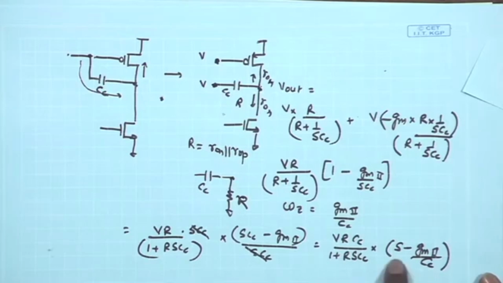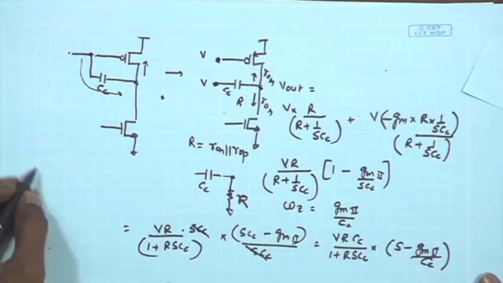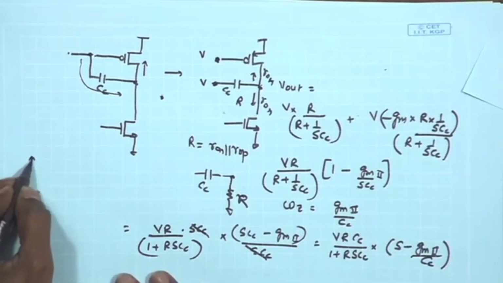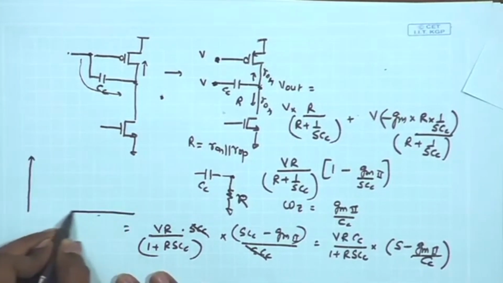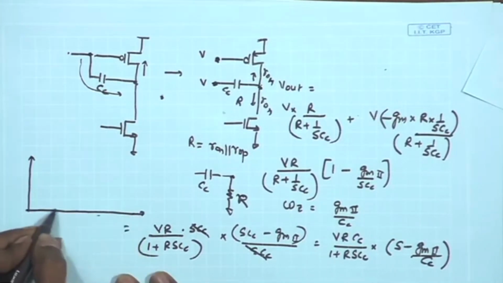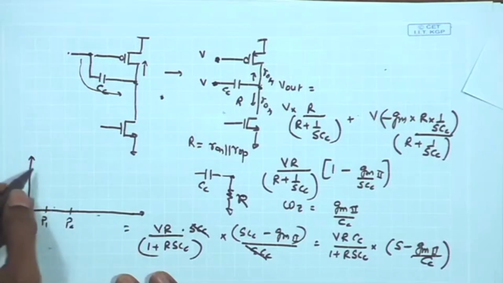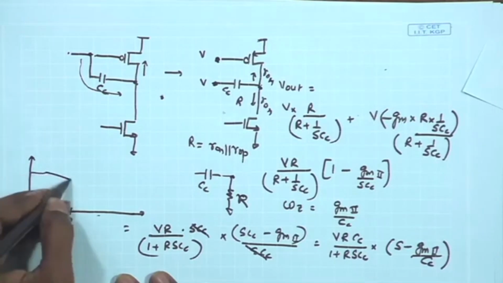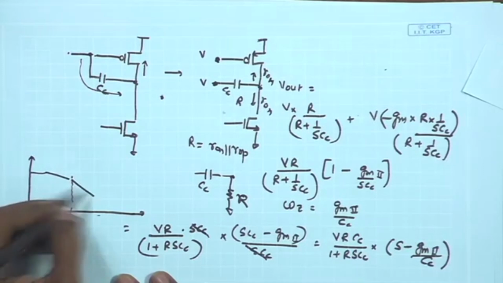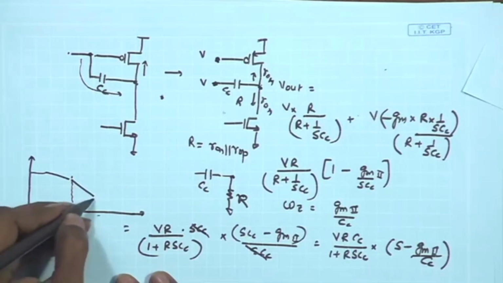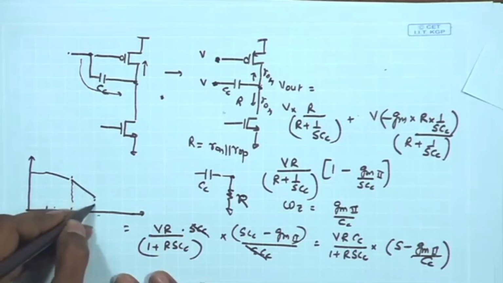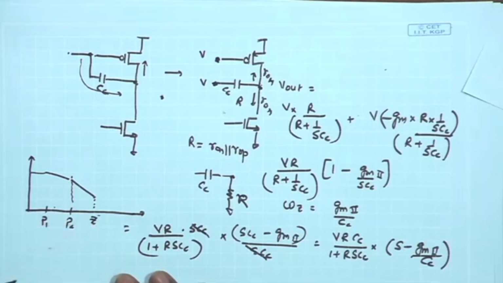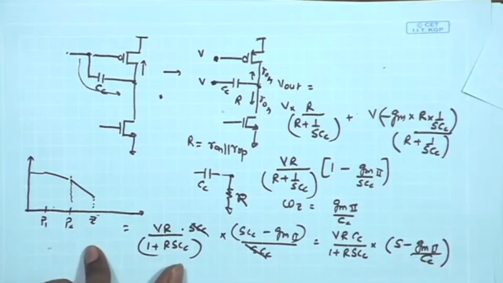So, if I assume that that is true, in the overall Bode plot you have P1 and P2 coming at relatively lower frequencies. After P1 you had minus 20 dB per decade slope, and then after P2 you have minus 40 dB per decade slope, and then you encounter this 0 in the numerator expression.